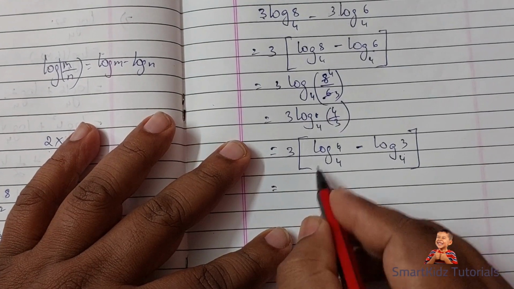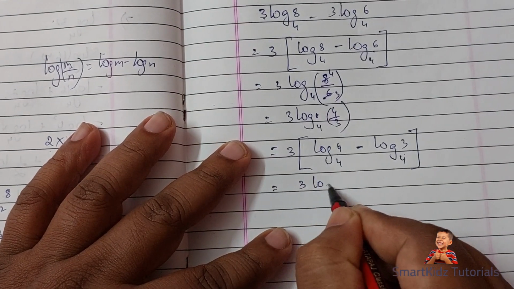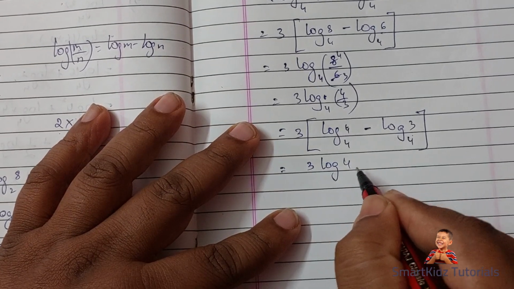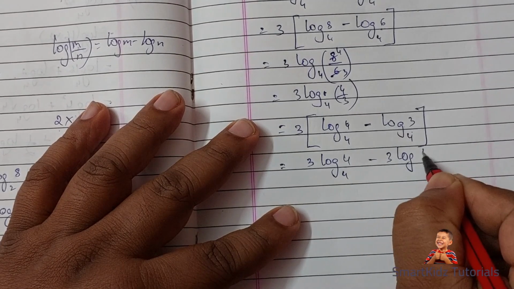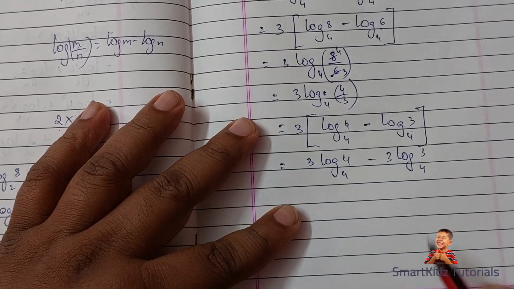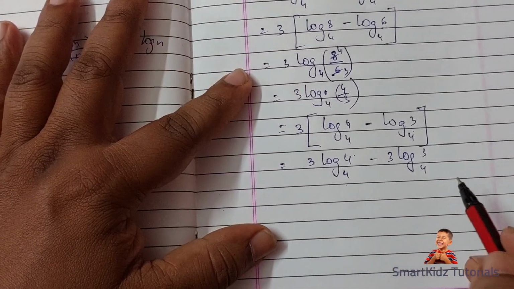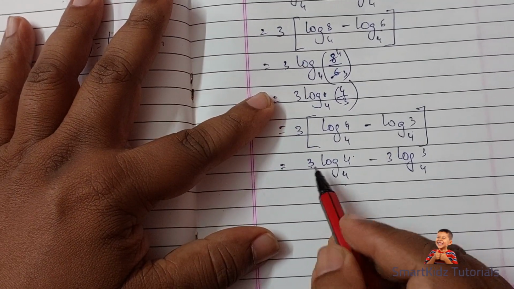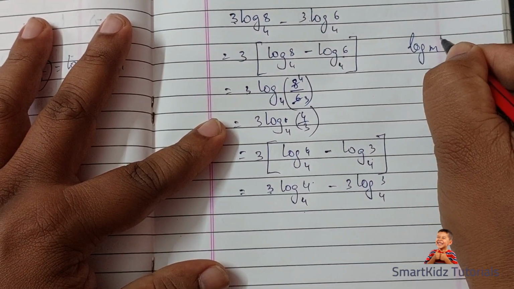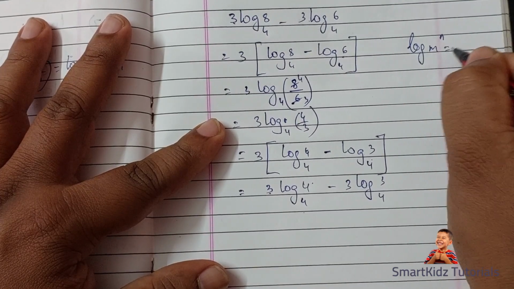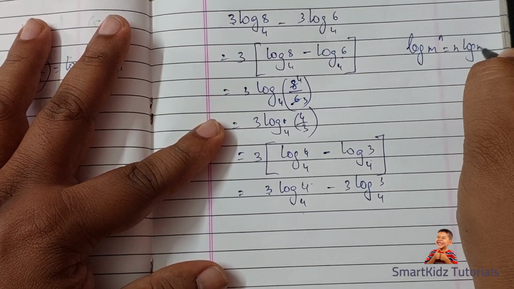Now the same thing can be written once again as 3 times log of 4 to the base 4 minus 3 times log of 3 to the base 4. Now this is in this form. See, we usually get log of m to the base n can be written as n times log of m.